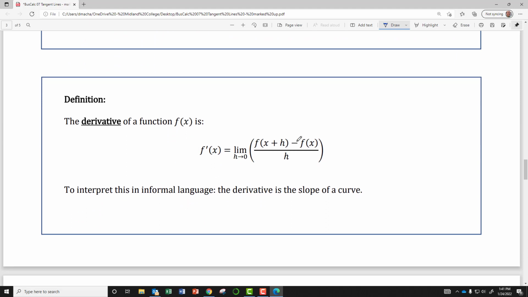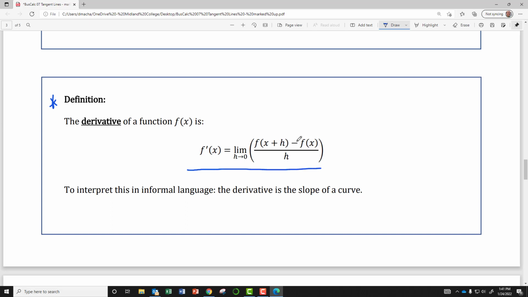And then one more definition here, but this isn't too much, I think. When we talk about the derivative of a function, this is a new word here, but in calculus, one of the tools that we use is called the derivative, and the derivative of a function is going to be this.